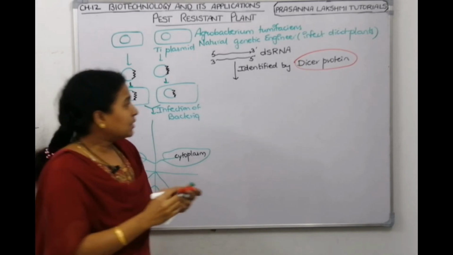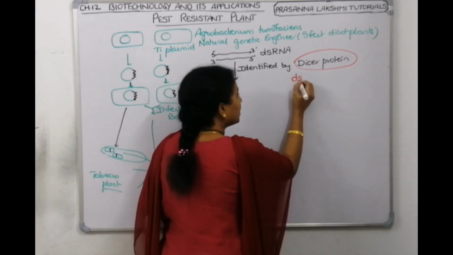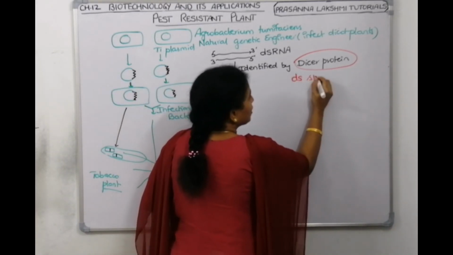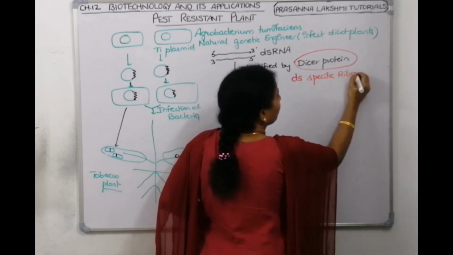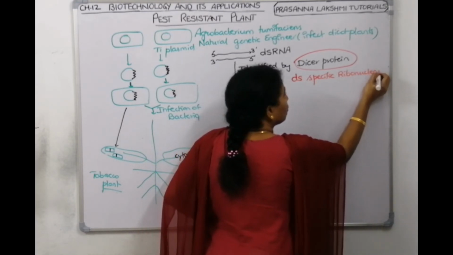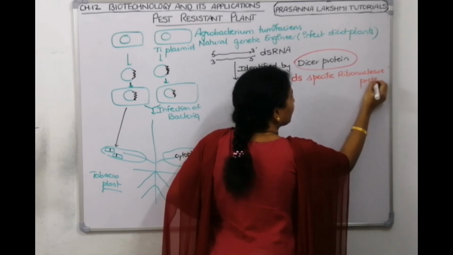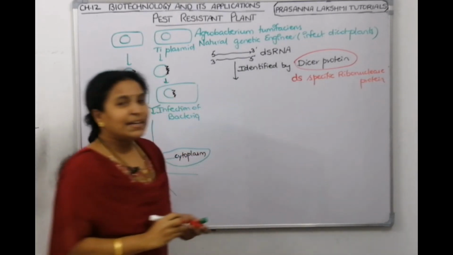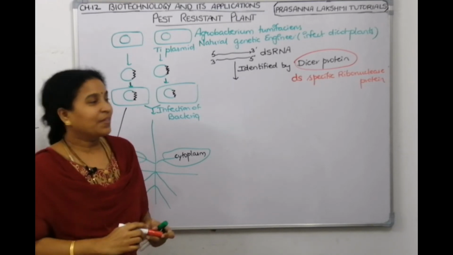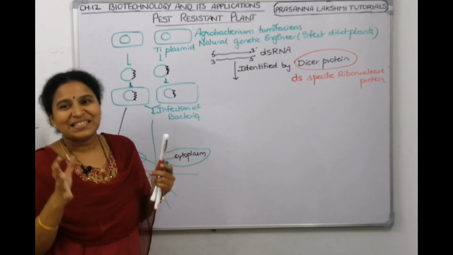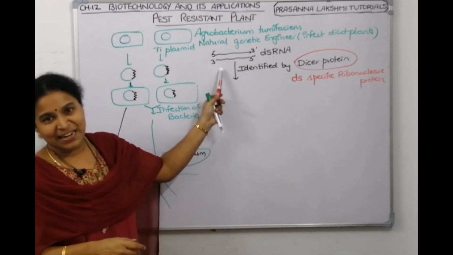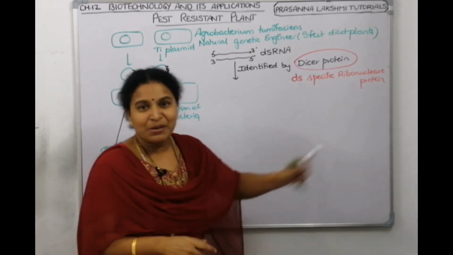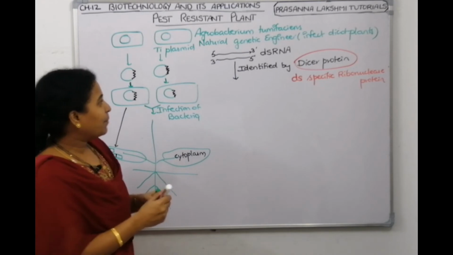It is a double-stranded RNA-specific ribonuclease protein. It will identify double-stranded RNAs and break them. Dicer protein will go and identify double-stranded RNAs and break them. Now, what happens?